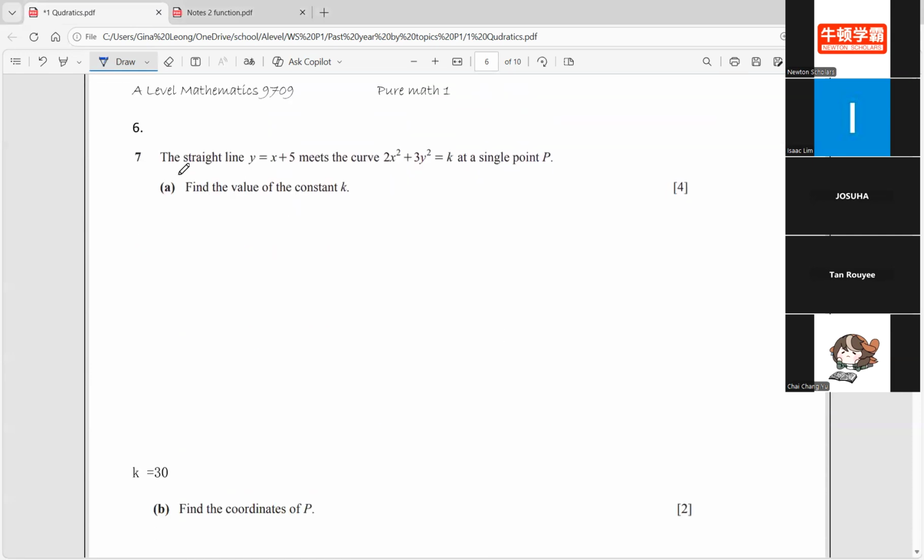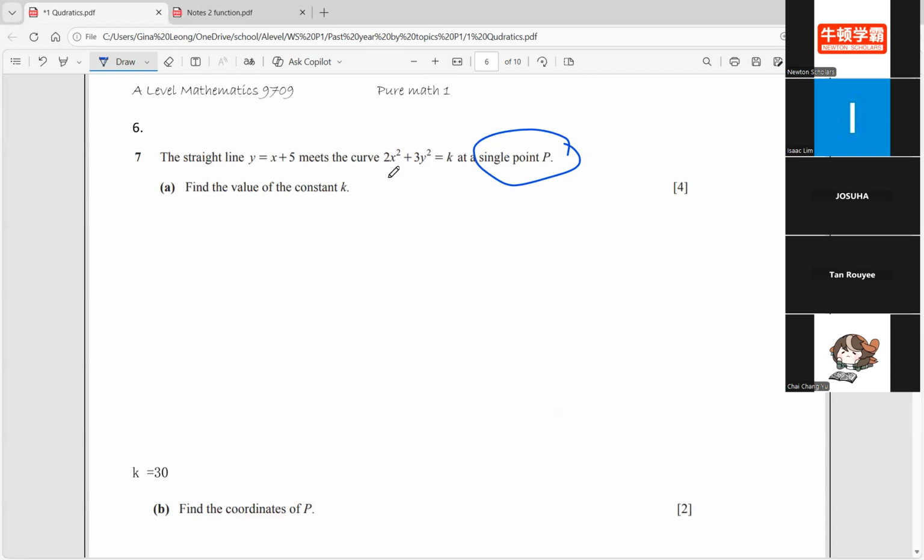For the question 6, the straight line, okay. Then he said that the keywords is here. He said that is a single point. So single point, that means b square minus 4ac equal to 0. So you just need to do b square minus 4ac equal to 0, and then you will get the answer. This one you try to do it. Then after that, for the coordinates p, he said that he meet in the single point here, right?